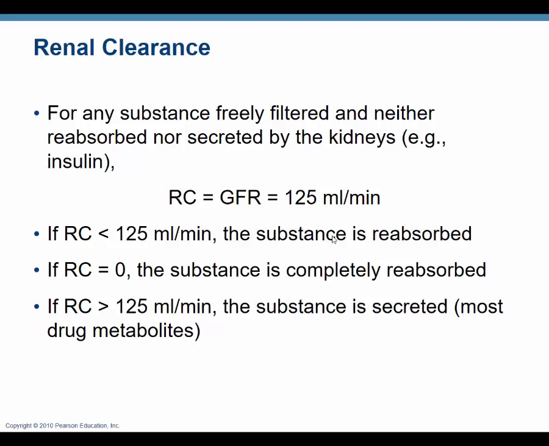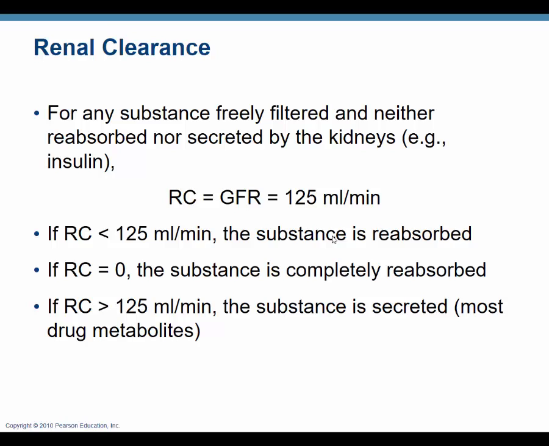But typically we can say that for that substance, if the flow is 125 mL a minute, that's the glomerular filtration rate, how fast the glomerulus is moving fluid into the nephron. Then if the renal clearance is less than that, we know that that substance is reabsorbed.